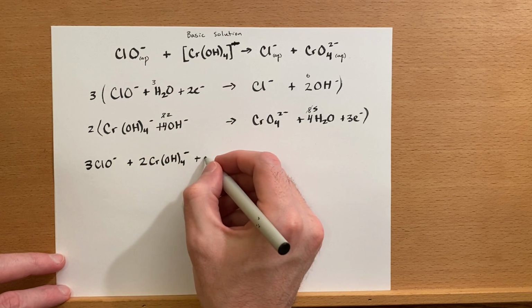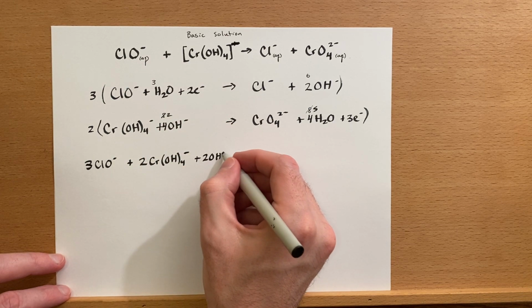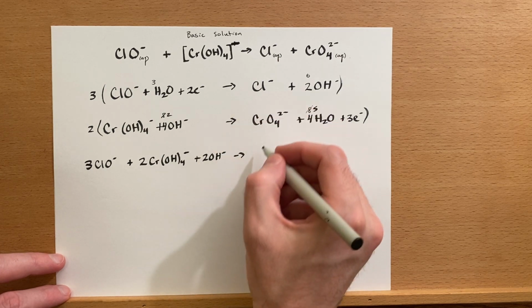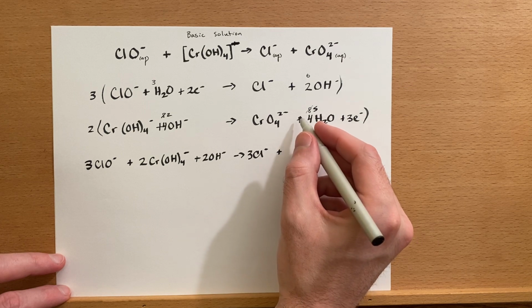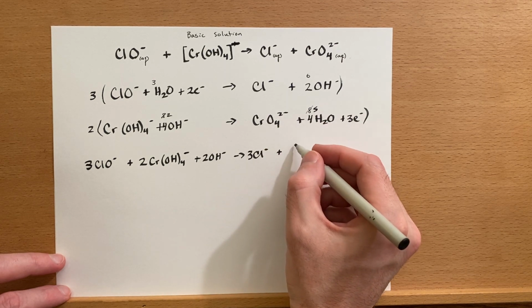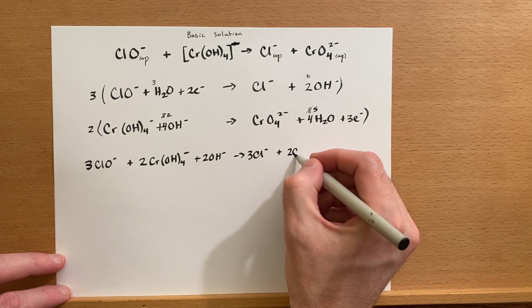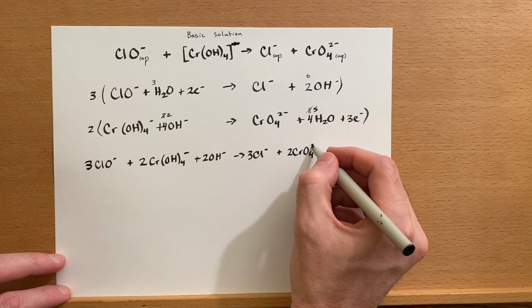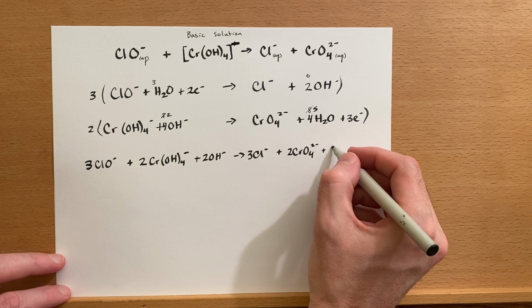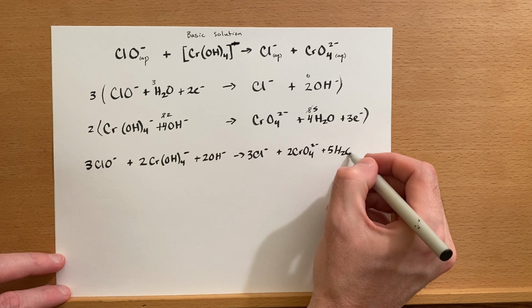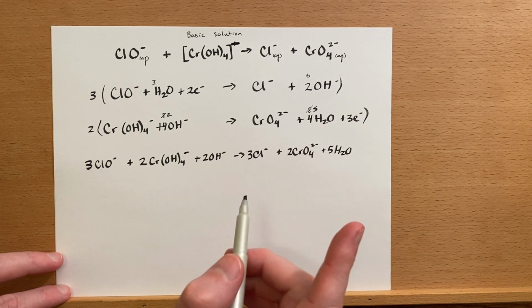So plus 2OH goes to 3 Cl minus plus 2 CrO4 2 minus plus 5 waters. And that should be balanced.